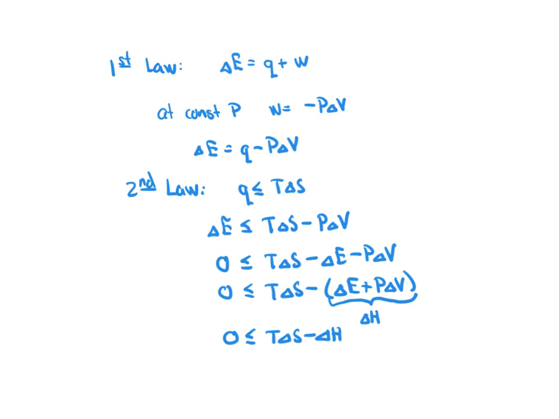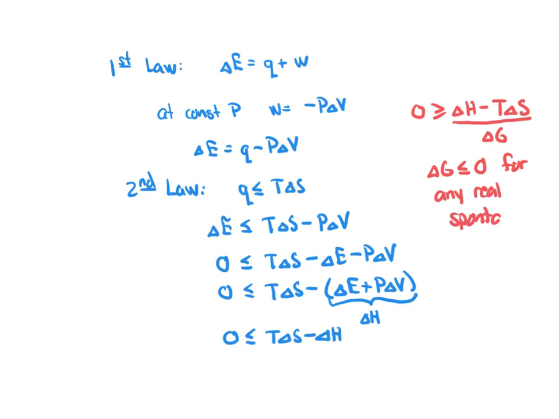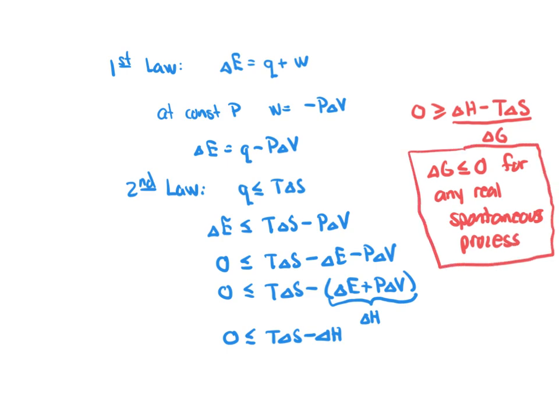And so I am going to end up finally with 0 is greater than or equal to delta H minus T delta S. And as we defined just a little while ago, this is equal to delta G. And so delta G is less than or equal to 0 for any real spontaneous process. And this is the criteria we are going to use to figure out whether something is spontaneous or not.